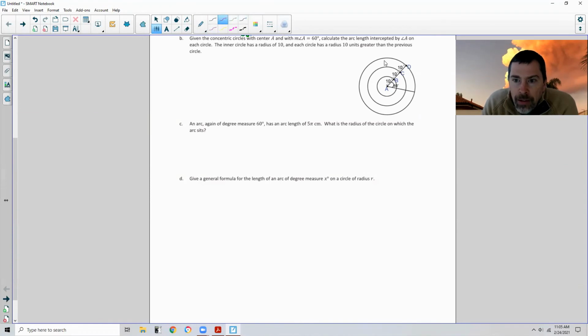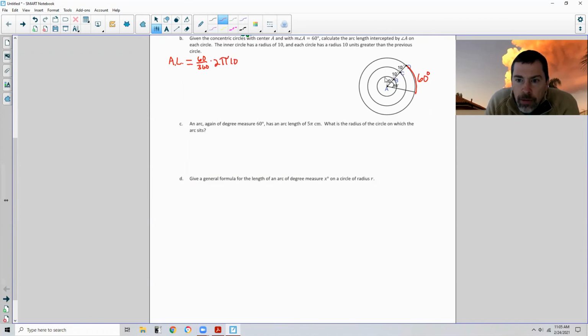So that means this arc right here from D down to here is 60 degrees. It says, given the concentric circles with center A and with the measure of angle A 60 degrees, calculate the arc length intercepted by angle A on each circle. Now it's just different radii. So the arc length, AL for short, equals 60 over 360 times 2 pi times the radius, 10.